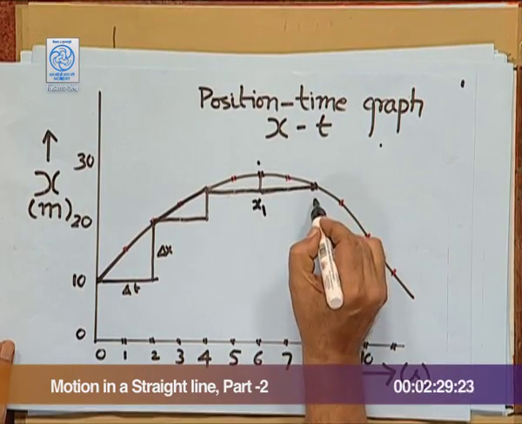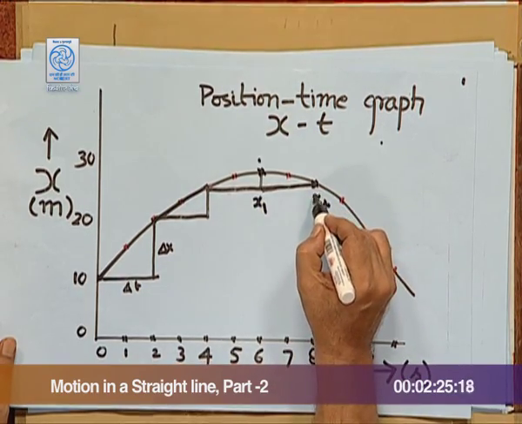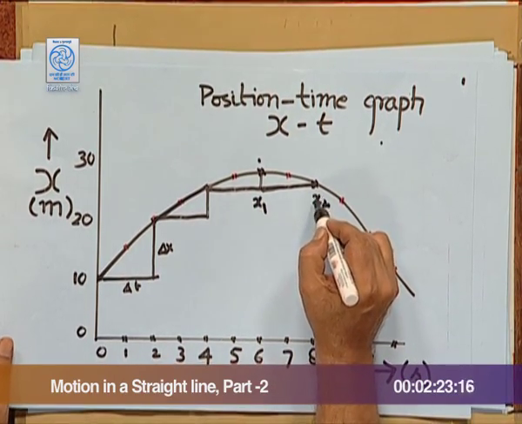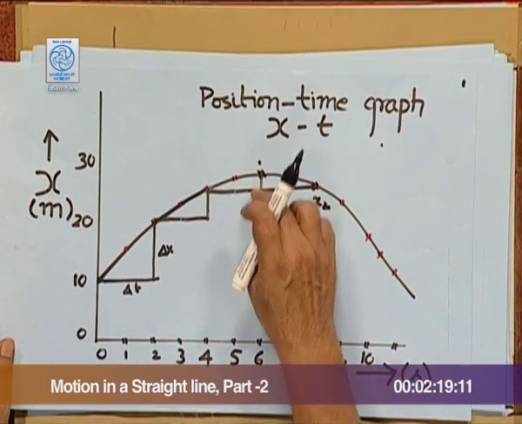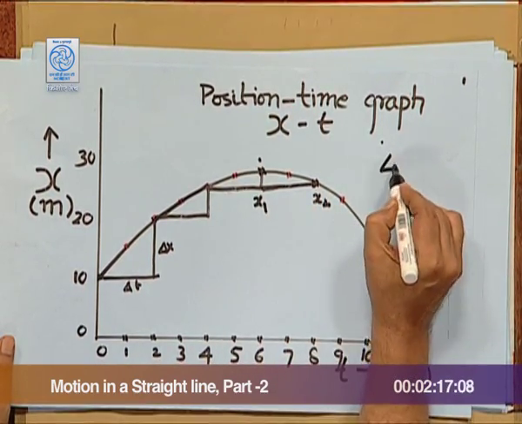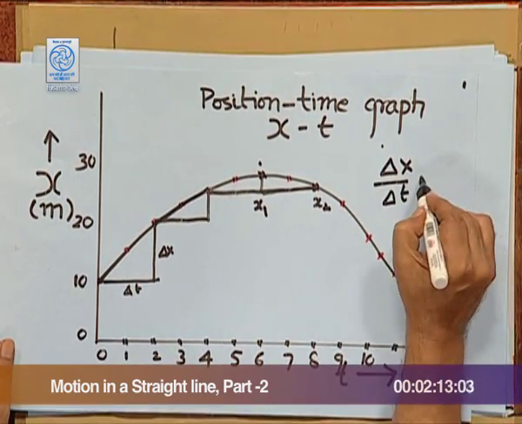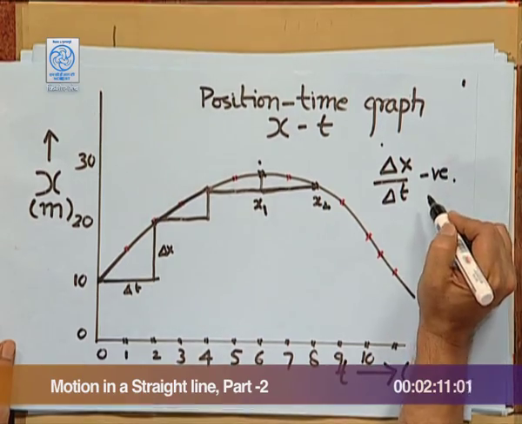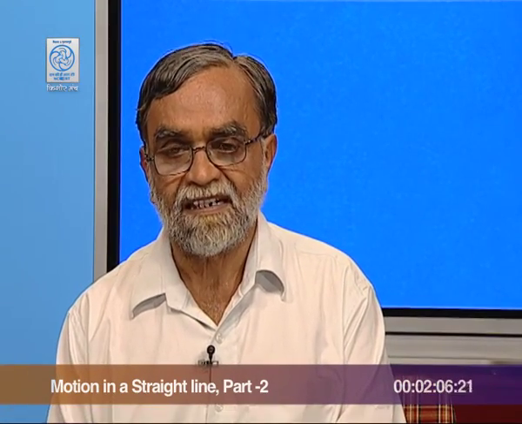In that case, this was x1, this is x2, and x1 is greater than x2. As time goes on increasing, the position goes on decreasing. In that case, delta x by delta t happens to be negative. It means after 6 seconds, the average velocity is negative.